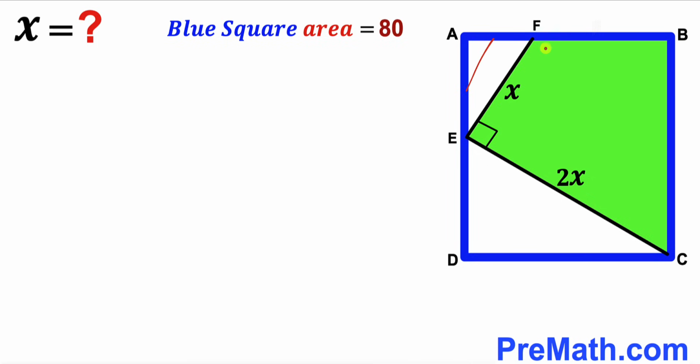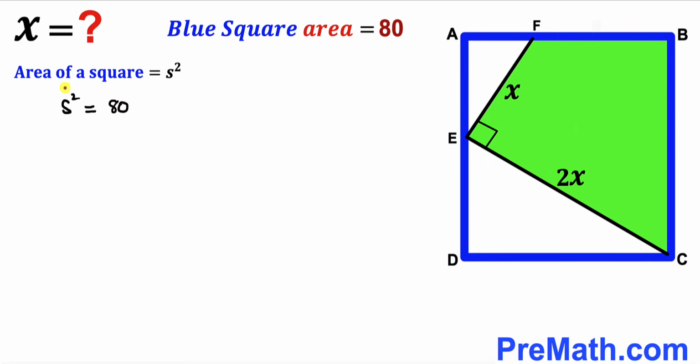Let's focus once again on this blue square ABCD, whose area is given as 80 square units. Let's recall the area of a square formula: area is equal to s squared, where s represents the side length of the square. So s squared is equal to 80.